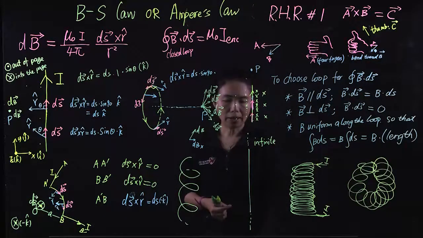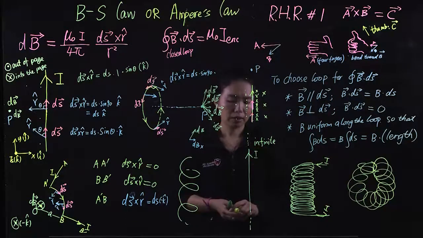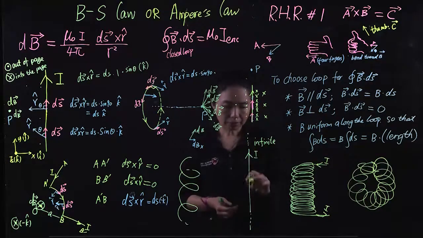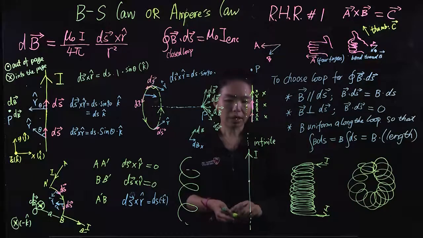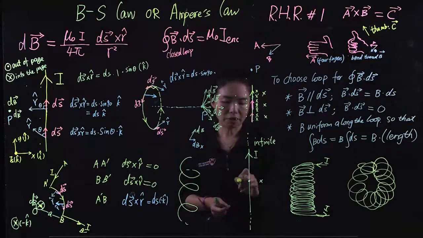However, if your wire is infinitely long and it has current I going through it, then any location along this wire can be considered to be the center. Anything above and below should be symmetric, so that if this current creates some B field here, it must create the same amount of B field out of the page on the other side at the same distance.